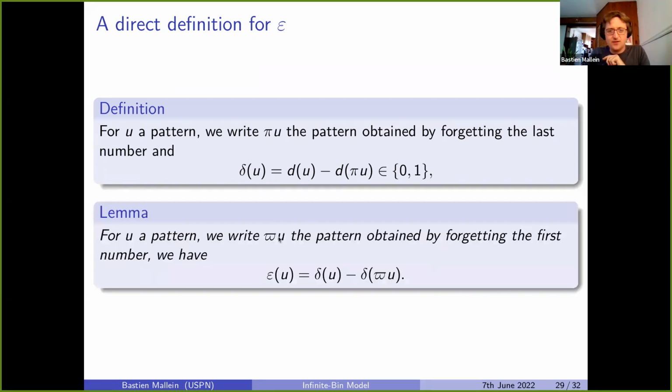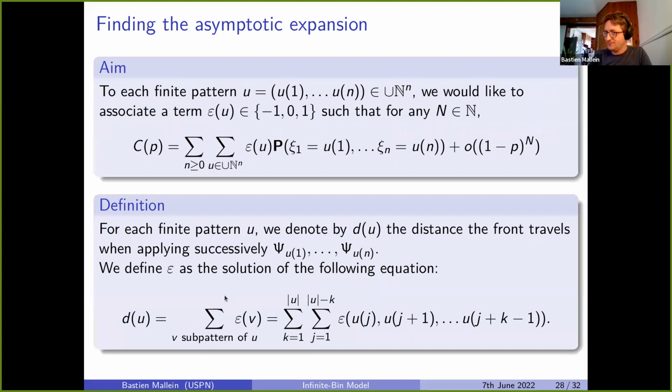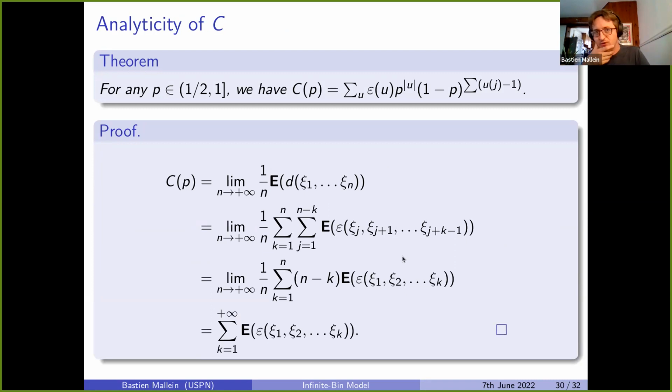And if I define pi(u), the pattern obtained by forgetting the first letter, then I claim that my number epsilon is exactly delta(u) minus delta(pi(u)), where I forgot the first letter. So it's a number between -1, 0, and 1, and I can verify that this formula holds. And because this formula holds, I can apply it to d(psi_1 ... psi_n) and compute the expectation. And this formula will appear quite immediately as some kind of Cesaro computation.